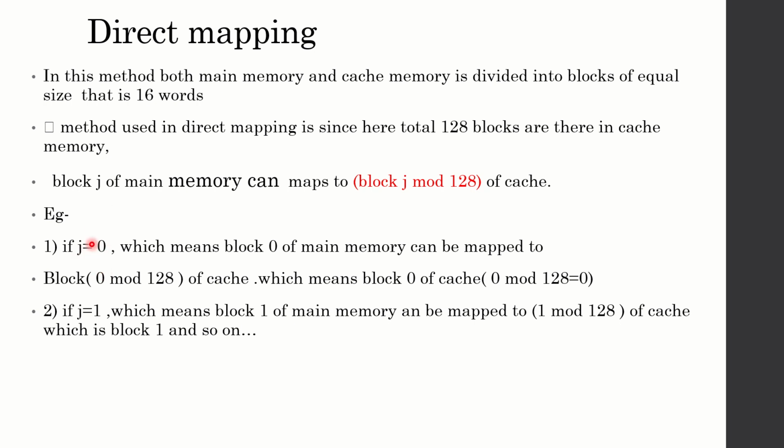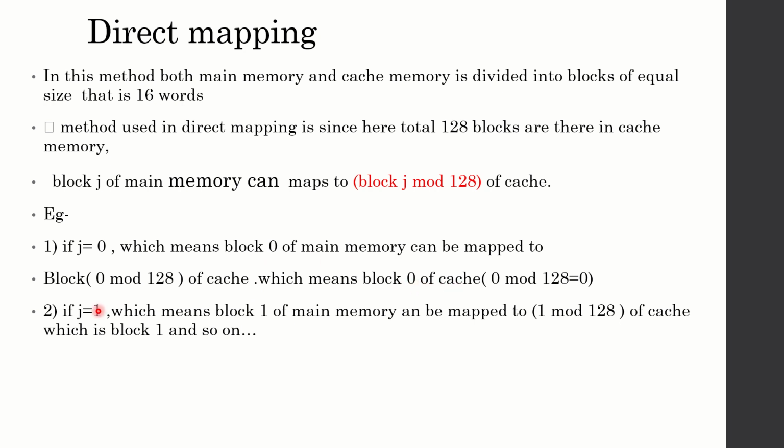We write this equation as J modulo 128. So what will be the value of J mod 128? We will get the remainder. 0 mod 128 is equal to 0 itself. That means the 0th block of main memory will be placed on block 0 of cache.